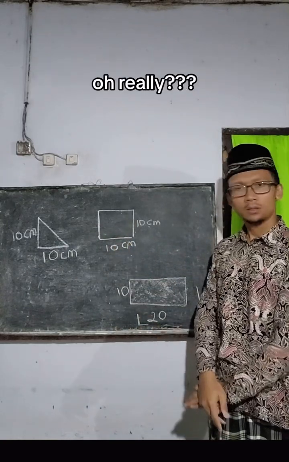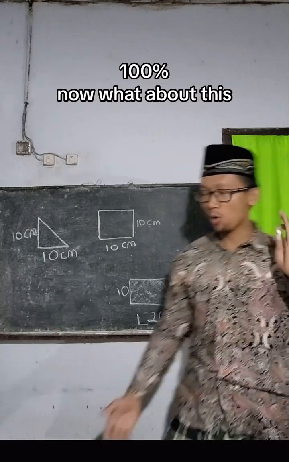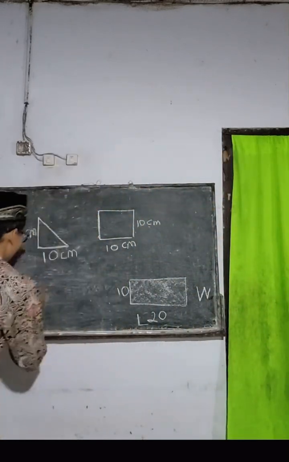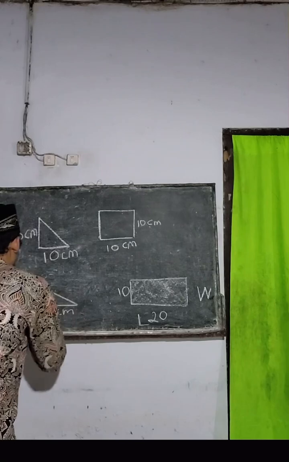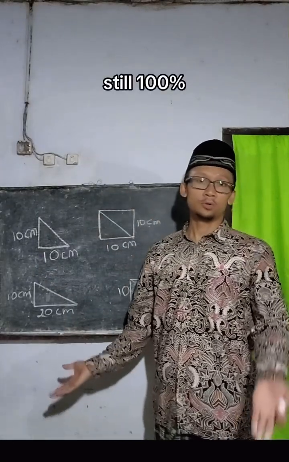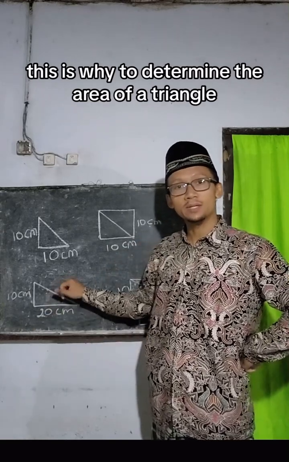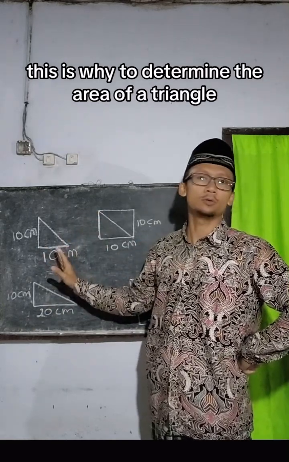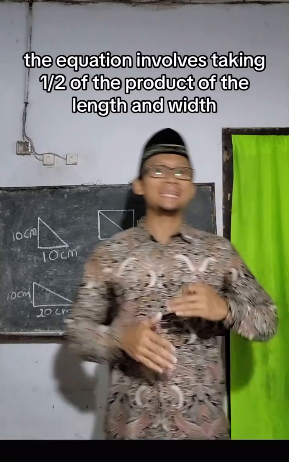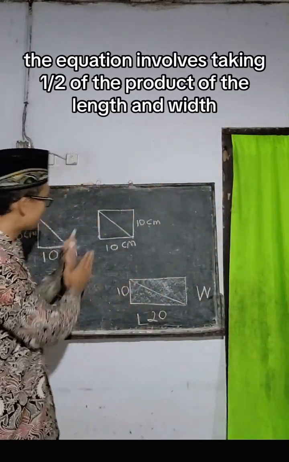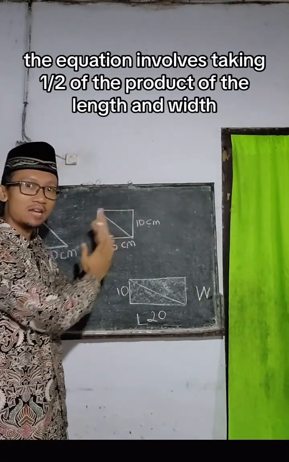Oh, really? 100%? Now, what about this? Still 100%. This is why, to determine the area of a triangle, the equation involves taking half of the product of the length and width.